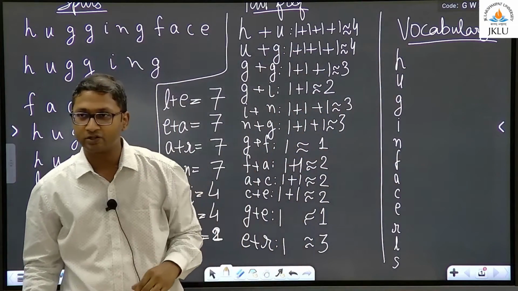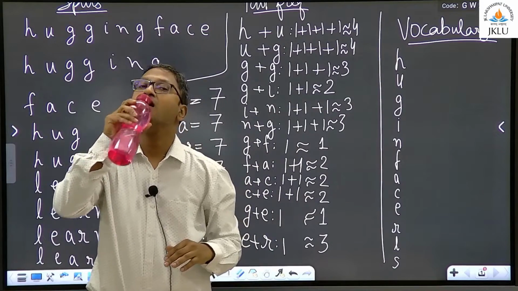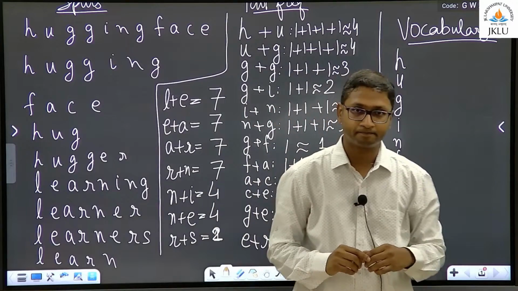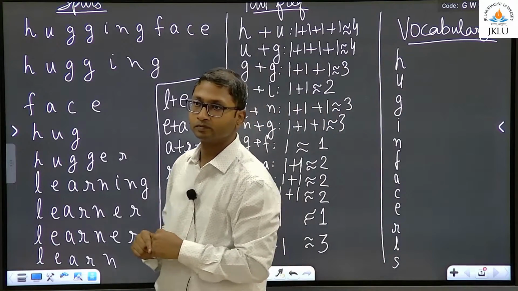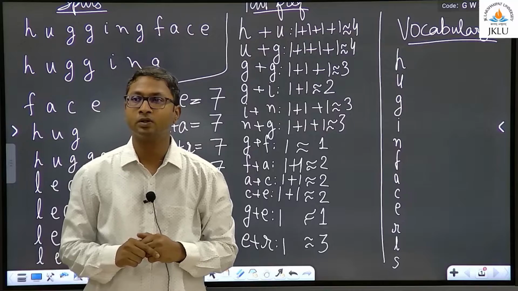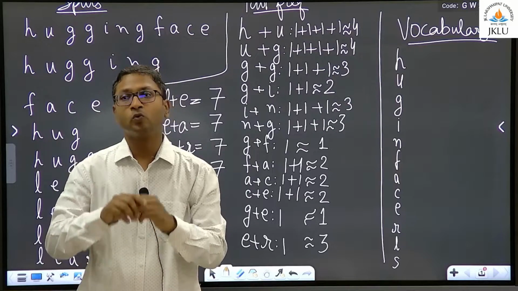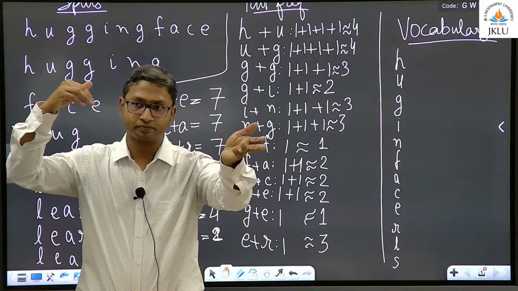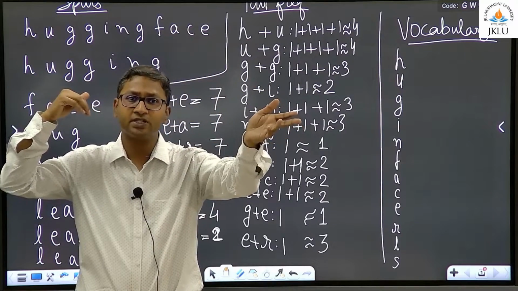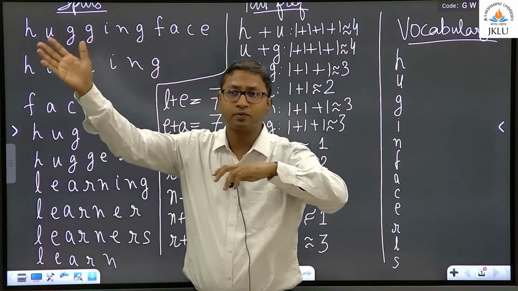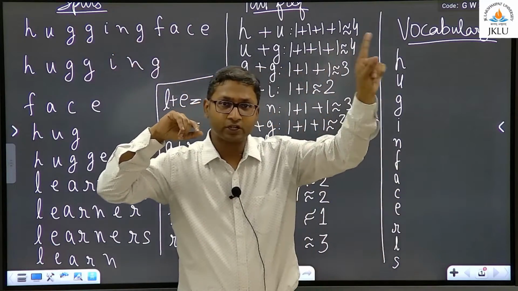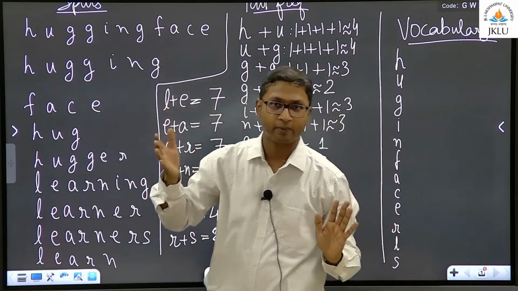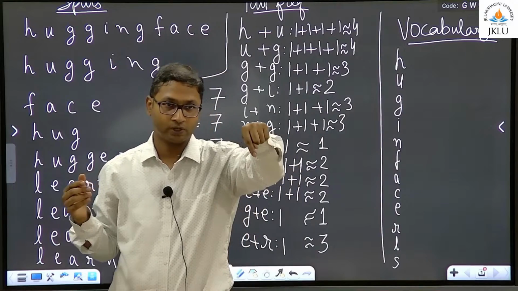What might be the downsides of it? What is wrong with keeping whole words as vocabulary? We have talked about it, but there is an additional problem: if tomorrow some new word comes up, your original vocabulary will not be able to handle it. You have to add that word here.